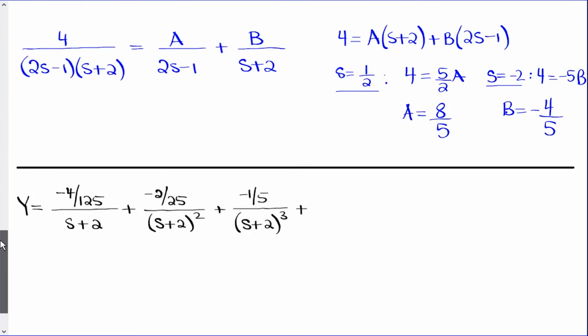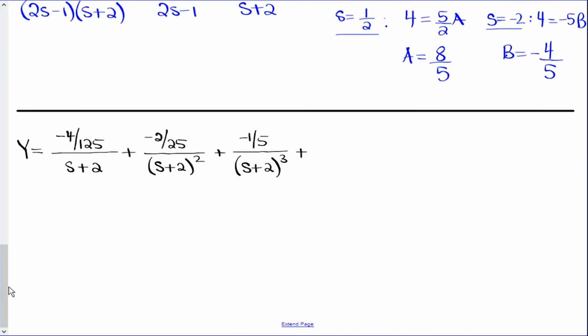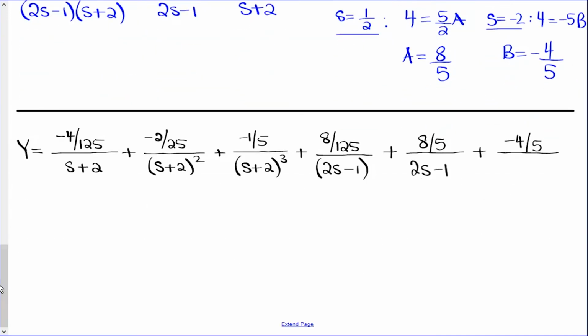And finally, D was 8 over 125. And then for our second piece, we have A as 8 over 5 and B as minus 4 over 5. Now, A was over 2s minus 1, and B was over s plus 2.